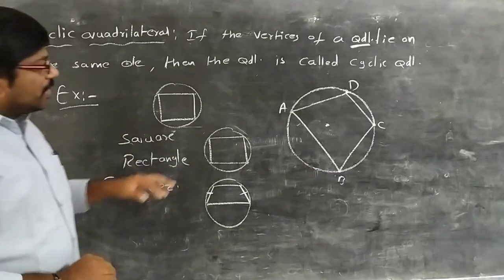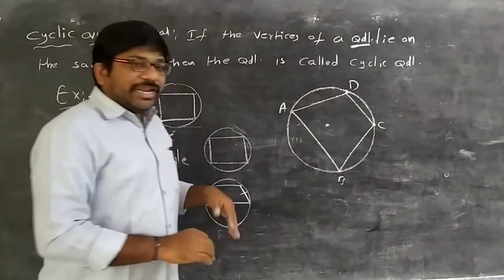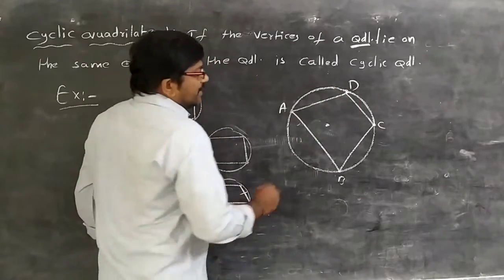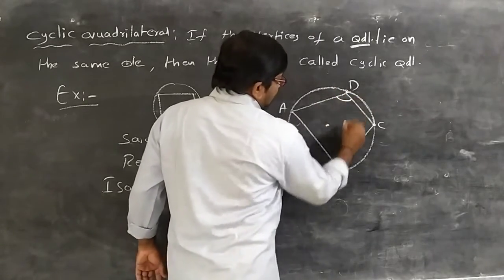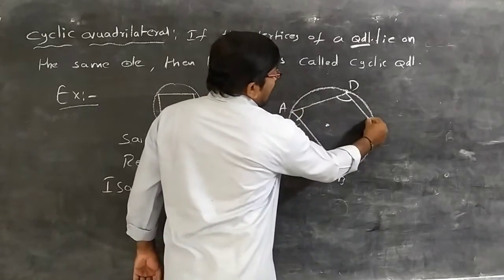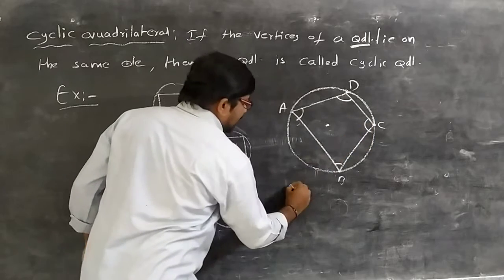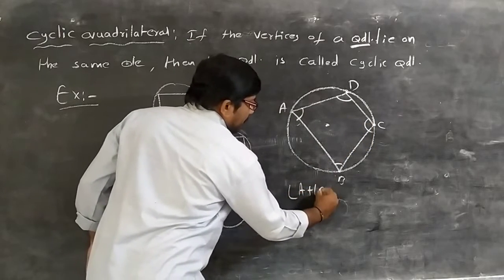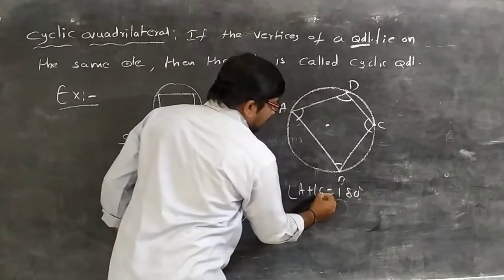And one more thing. In any cyclic quadrilateral, the sum of opposite angles is 180 degrees, right? Angle A plus angle C is equal to 180 degrees.